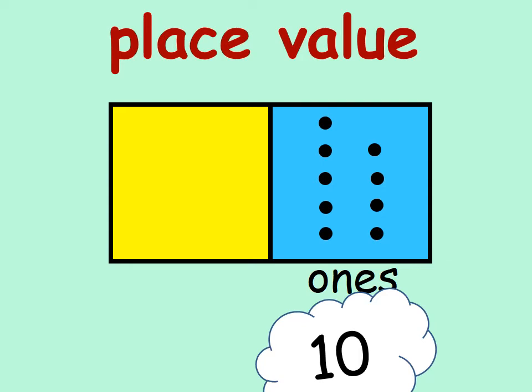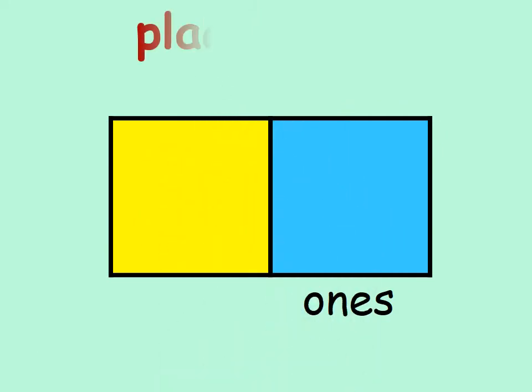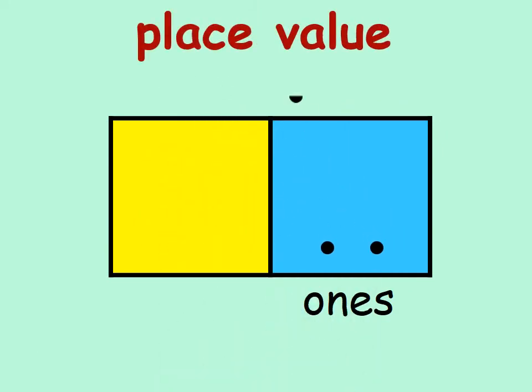There's 9. What happens if we have 10? 3, 4, 5, 6, 7, 8, 9, 10. That's 10 dots. We can't have that much. We can only have 9.